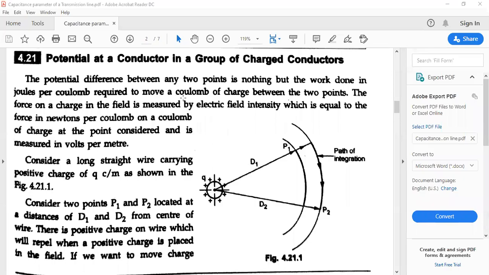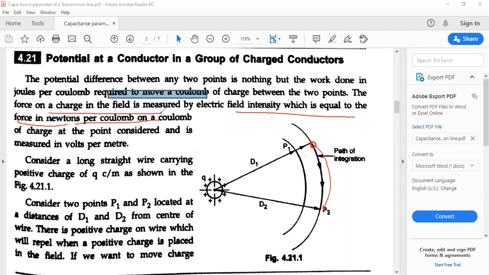The force on the conductor is nothing but in moving this positive charge, or any charge present there. I need to move it in such a way that work is done. When work is to be done, you need a force acting on the charge, and this force will have to move it the other way.